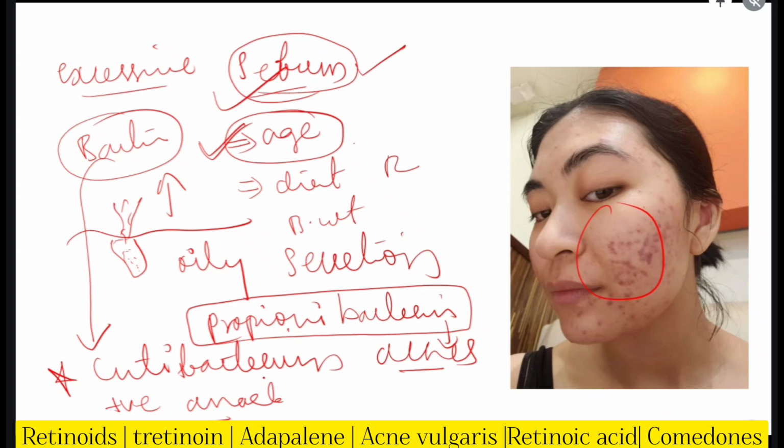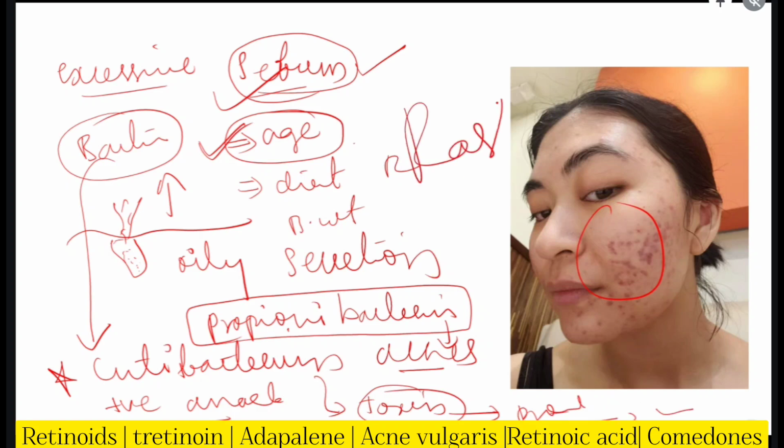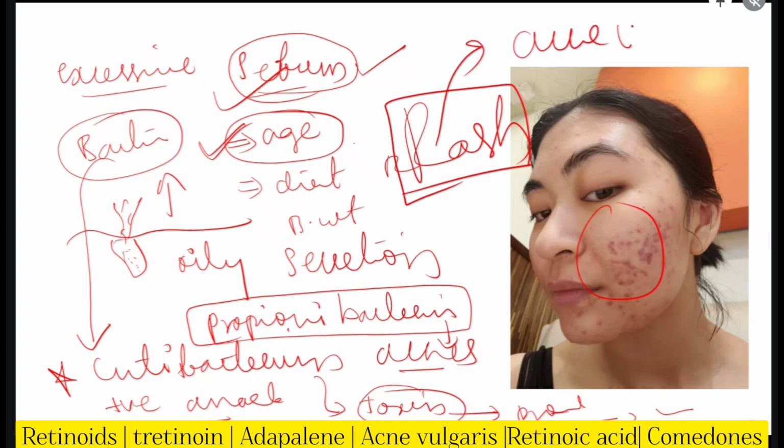This bacteria grows in the skin, on the face, wherever excessive sebum production is seen. This excessive growth of bacteria will produce some toxins, and these toxins will produce pro-inflammatory mediators, and with that it causes inflammation, and with that it causes rash. And with that it will develop acne vulgaris.